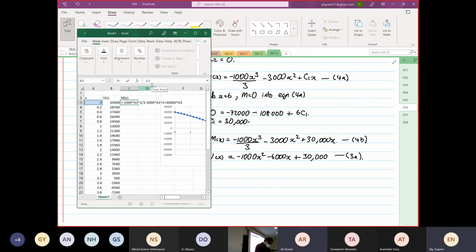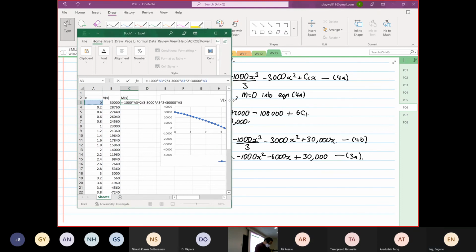The first one should be power of 3, not power 2. You're right. Okay, power 3. Thank you. So I'm going to close the bracket down here, and put a bracket here in case something goes wrong.